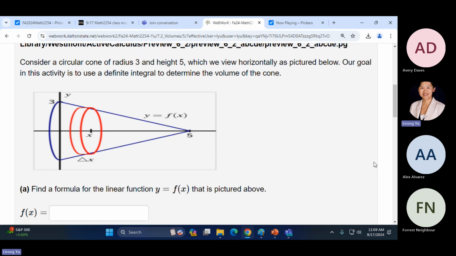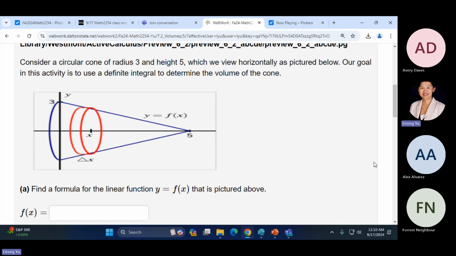This is going to be the y value here, so the radius. The question says to find a formula for the linear function y pictured above, so we need the equation for that line. I think these are things that you learned in college algebra.